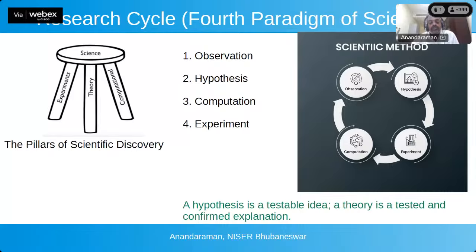When you get a near result in computation, then you do only that experiment, instead of doing all the iteration experiments. Computation always has some rounding errors, so if some near solution is coming, that approach you can try in the experiment, so that the number of iterations in the experiment is reduced. This is the basic research cycle. So computation is the fourth paradigm of science.